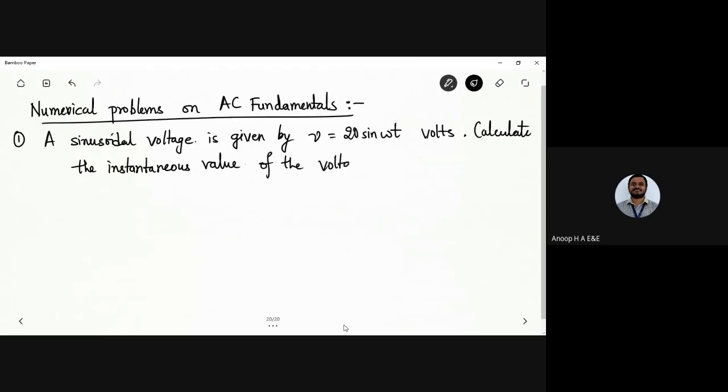Calculate the instantaneous value of the voltage at theta equals 30 degree. So first, you have to calculate the instantaneous value of the voltage at theta equals 30 degree.